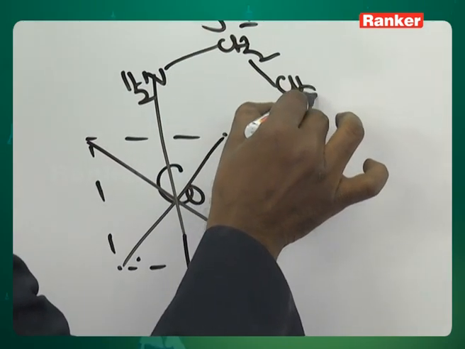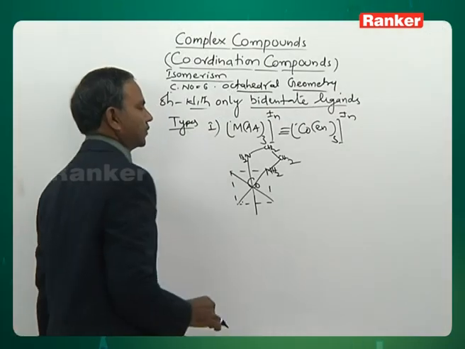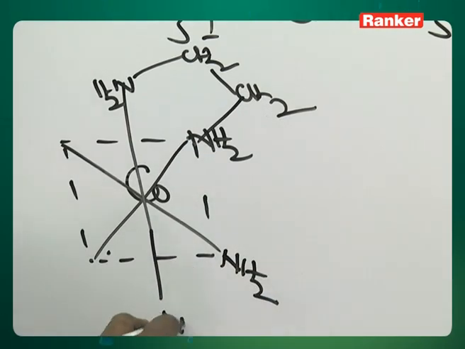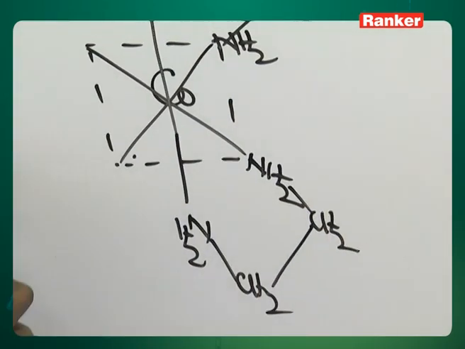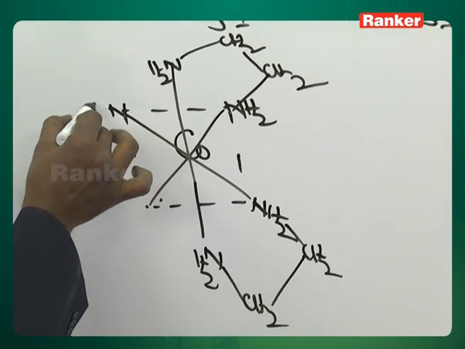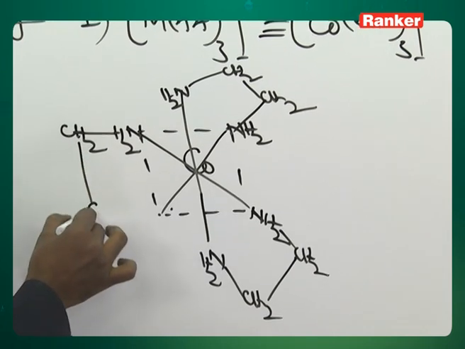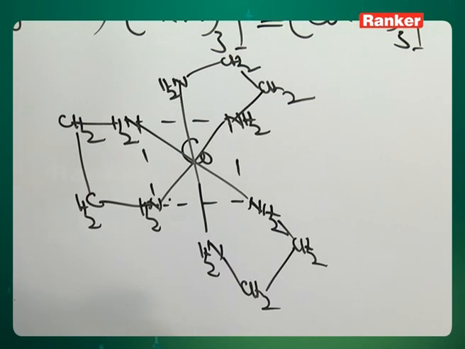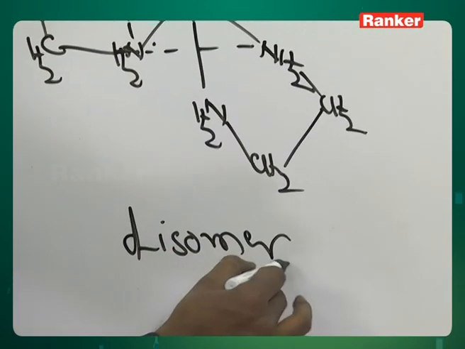CH2, CH2, NH2. Similarly, one more. D isomer.